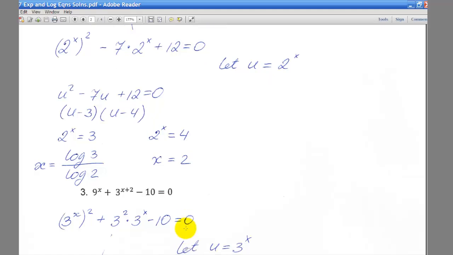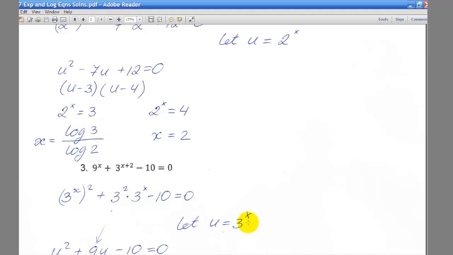So 9 to the power of x can be represented as 3 to the power of x squared, plus 3 squared times 3 to the power of x, because when I multiply the bases with two exponents, I'm adding the exponents. Subtract 10 equals 0.